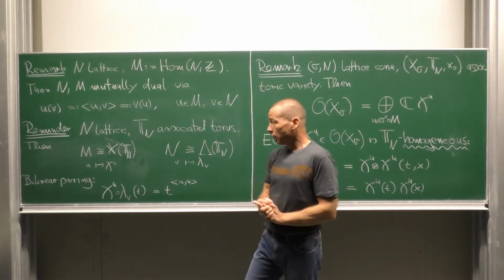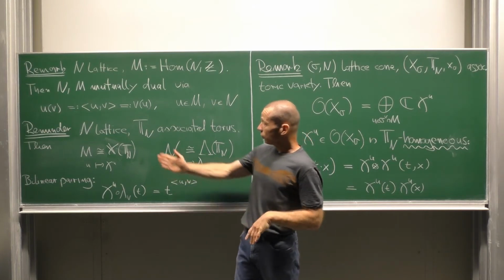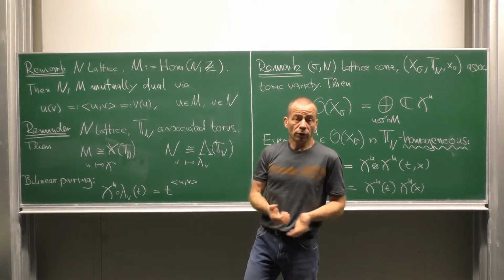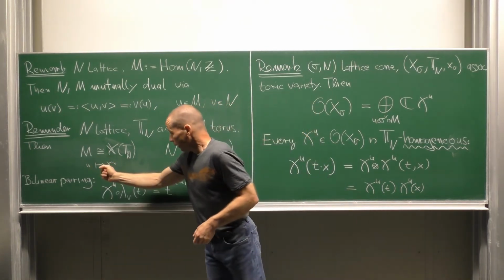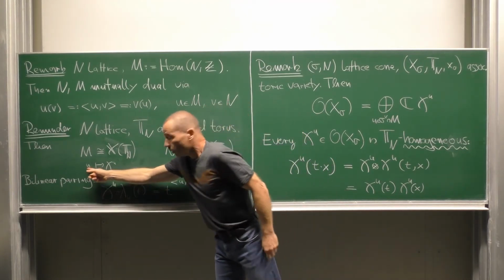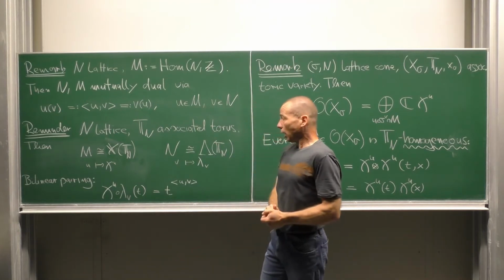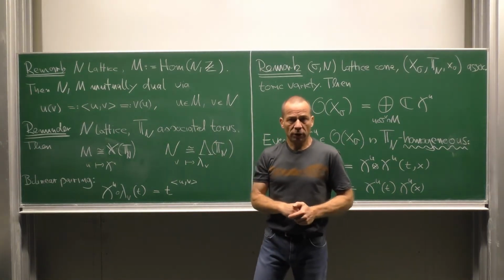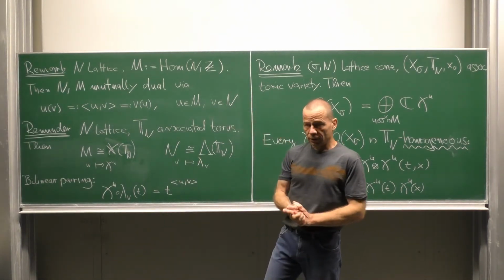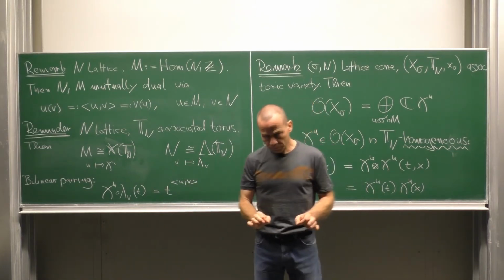The second thing are characters and one-parameter subgroups of the torus T_N associated with the lattice N. We know that the character group is isomorphic to M via sending an element u of M to the character chi u. And we know that the lattice of one-parameter subgroups is isomorphic to the starting lattice N via sending a vector v to the one-parameter subgroup lambda v.